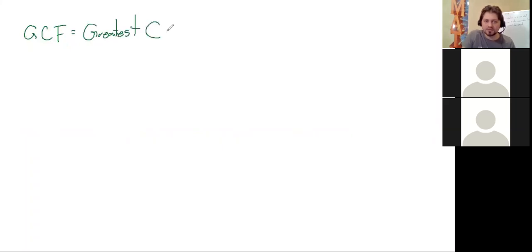All right, now to continue with this, we have the idea of GCF, greatest common factor. The greatest common factor of 2 monomials is the product of their common factors when each monomial is written in factored form.